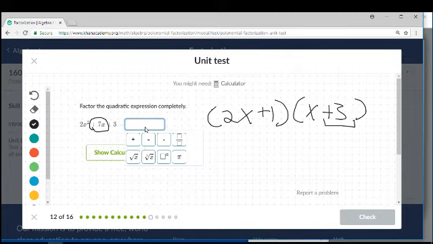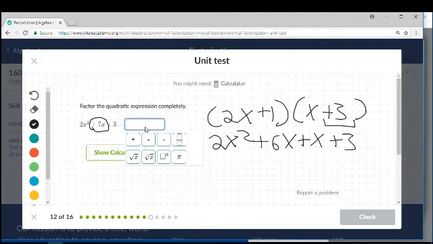Let's try this out. 2x times x is 2x squared. 2x times 3 is plus 6x. 1 times x is plus x. 1 times 3 is plus 3. 2x squared plus 6x plus x plus 3.